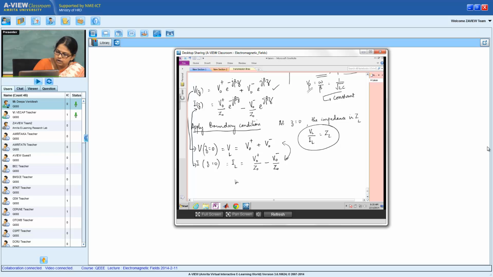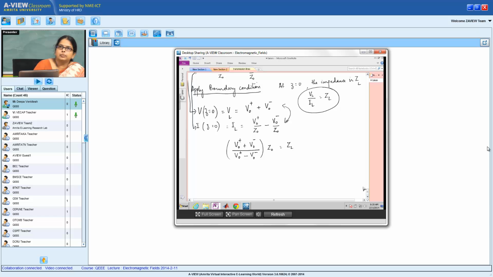Take the ratio, I get V0 plus plus V0 minus divided by V0 plus minus V0 minus times Z0 is ZL, which means ZL by Z0 is, well, I am just algebraically manipulating this, and I get this.